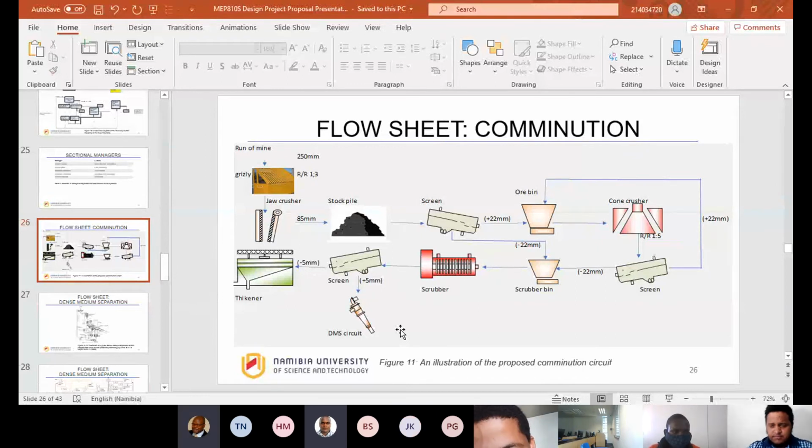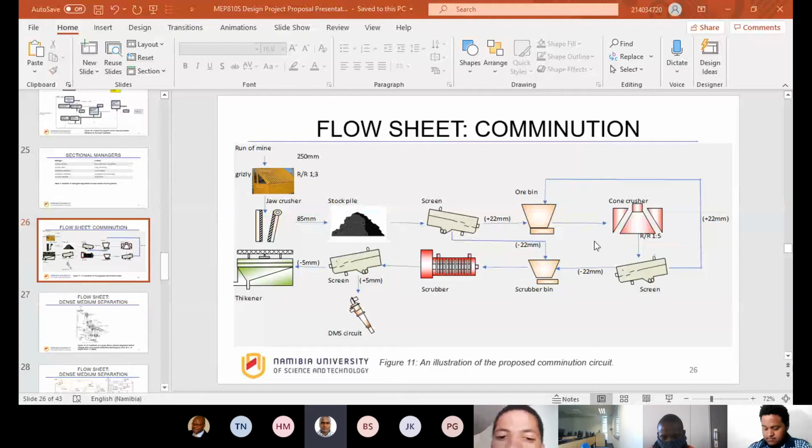Yes, we're struggling with the icons, but we'll rectify that. But we just wanted to put the hydrocyclone there to indicate that it is the heart of the DMS section.